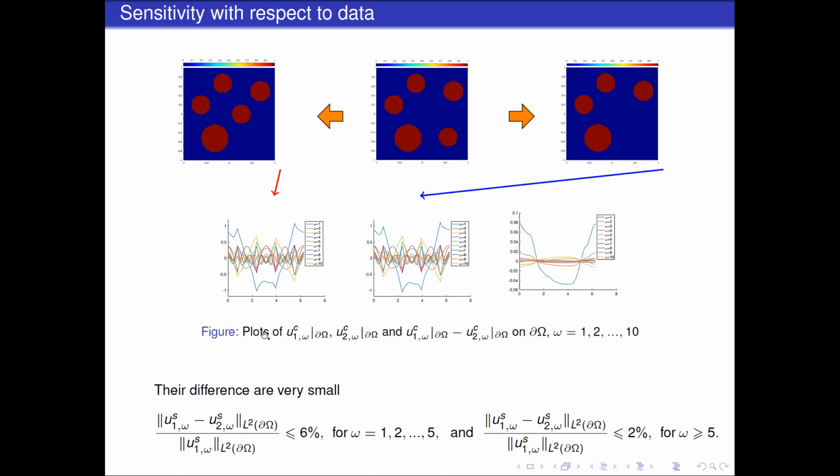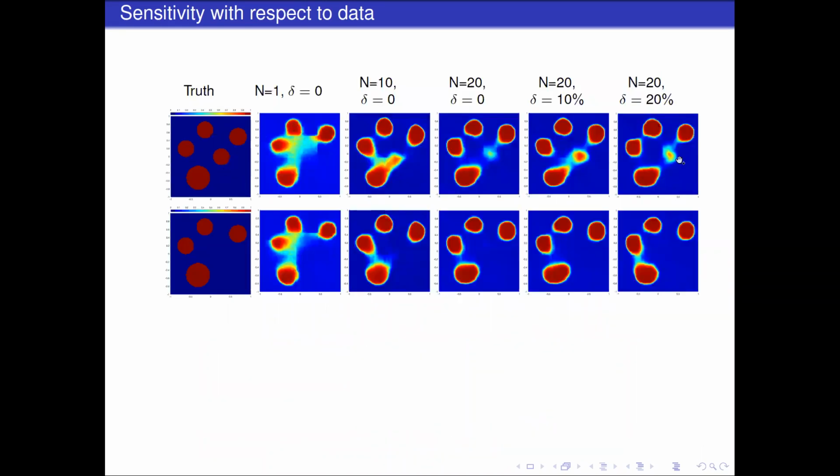We computed their corresponding boundary data, and we find that they are really close to each other. The relative difference is even less than 2% for high frequency data. This is much smaller than the noise level, which makes the reconstruction quite challenging. But our algorithm can still get a very interesting reconstruction, especially if there is no inclusion near the center, it clearly shows there is nothing near the center, and it is still robust with respect to large noise.